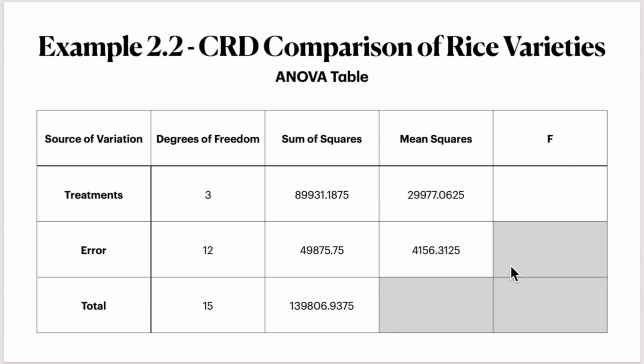And so when we do that, we get these mean squares. Once we have the mean squares, we obtain the F statistic by calculating the ratio of the mean squared treatments to the mean squared error. And so we get 7.21 rounded to 2 decimal places.